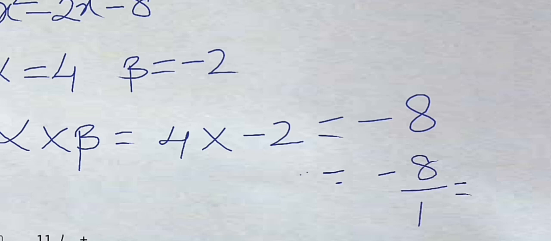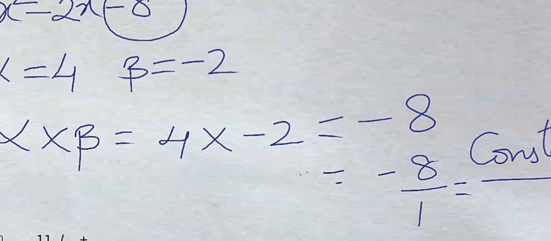Now if you see from the polynomial, minus 8 is nothing but the constant term, and 1 is nothing but the coefficient of x square. So this is the relation between zeros and coefficients of a polynomial. Okay.